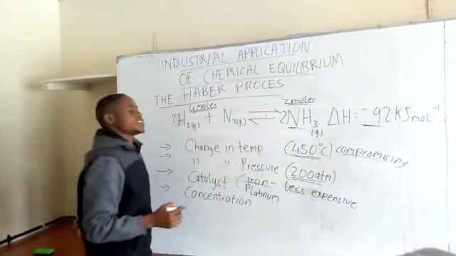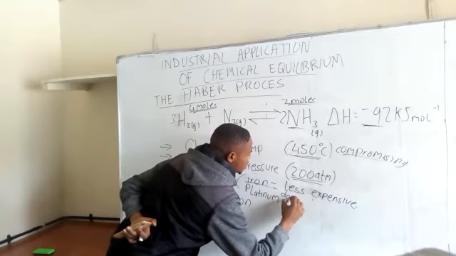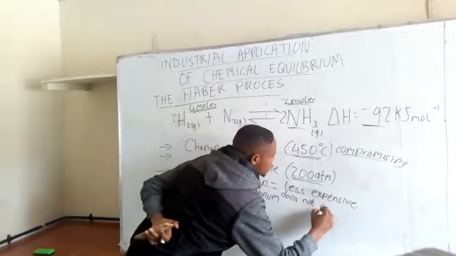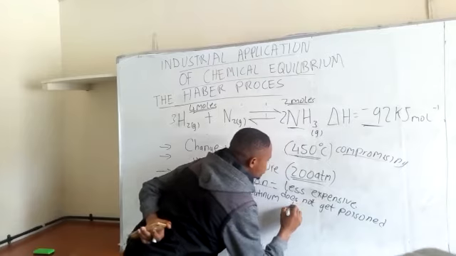Again, iron does not get poisoned by impurities compared to platinum.